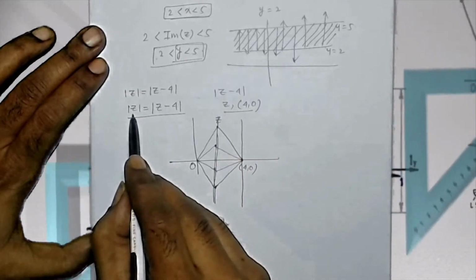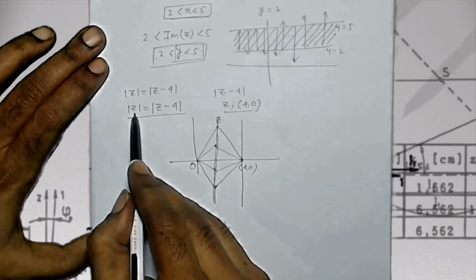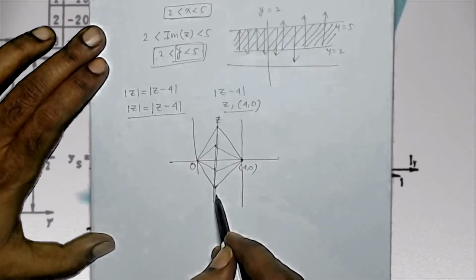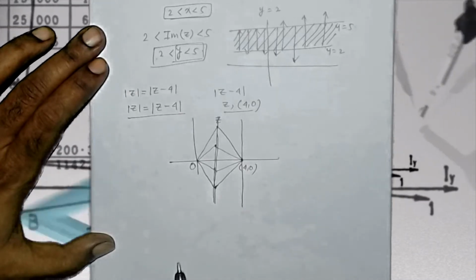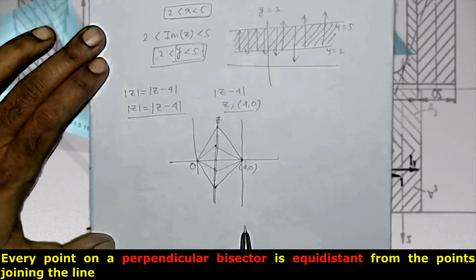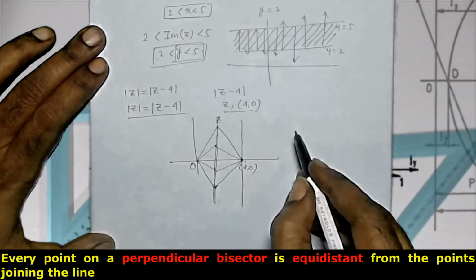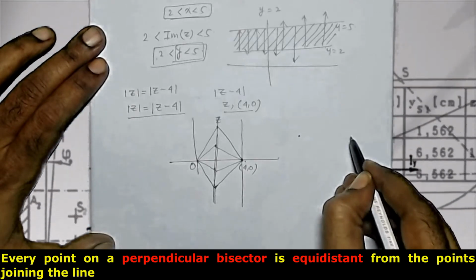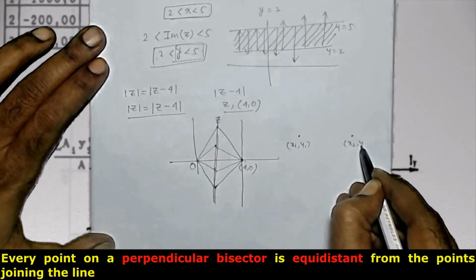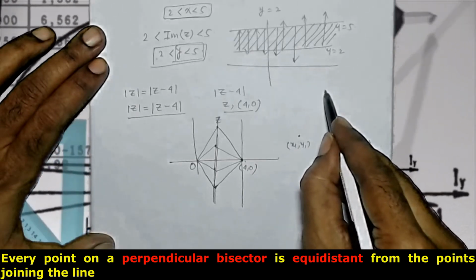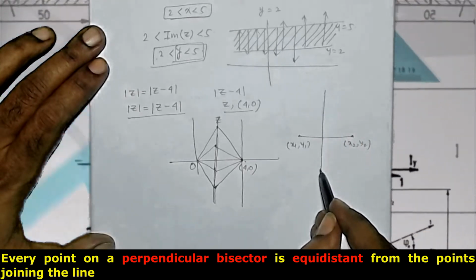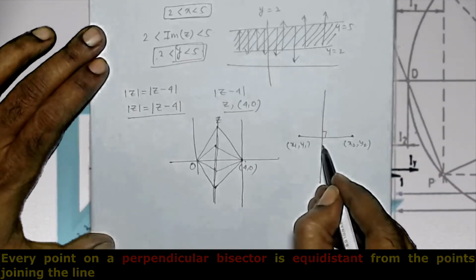So in that case, what we are getting basically, look at it very carefully. The locus of the point z, that is the variable point z, will lie on the perpendicular bisector of the line joining the point 0, 0 and 4, 0. Yes or no, tell me. Because if there are 2 points, say x1, y1 and x2, y2, then let us say this is the perpendicular bisector.